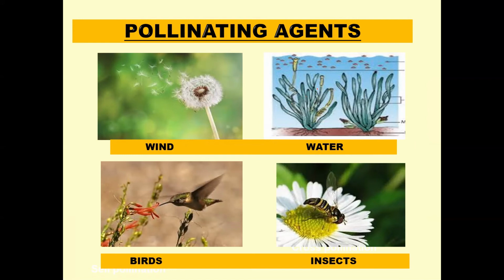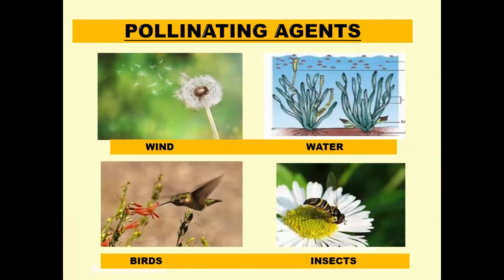Water is another agent. Pollen grains are discharged by the anther on the water surface. And you can see here, this is the female part. It is still attached to the plant. So by water current, the pollen grains reach this. This is found in the aquatic plant Vallisneria. And a very common pollinating agent is birds or insects.